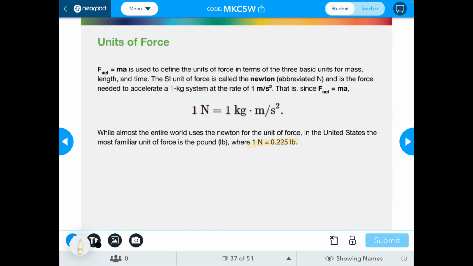If it's an analog scale, then it already has that set into the printing of the scale. And so that also leads you into, well, if you Google how to convert from kilograms to pounds, you can do that because of Newton's second law.